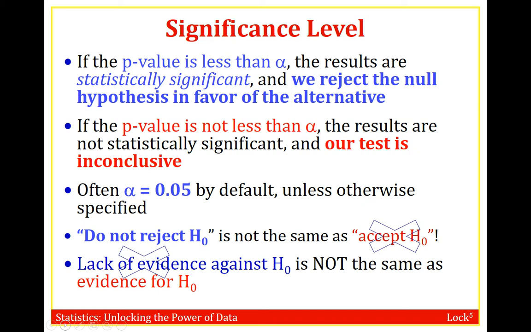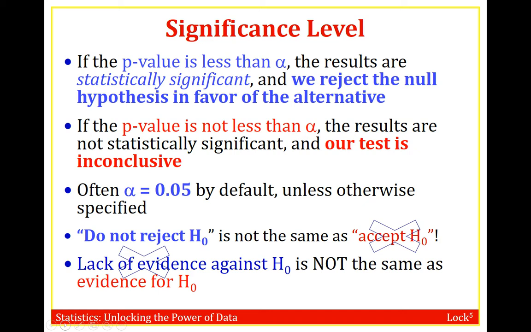The significance level. If the p-value is less than alpha, the results are statistically significant, and we reject the null hypothesis in favor of the alternative. If the p-value is not less than alpha, the results are not statistically significant, and our test is inconclusive.